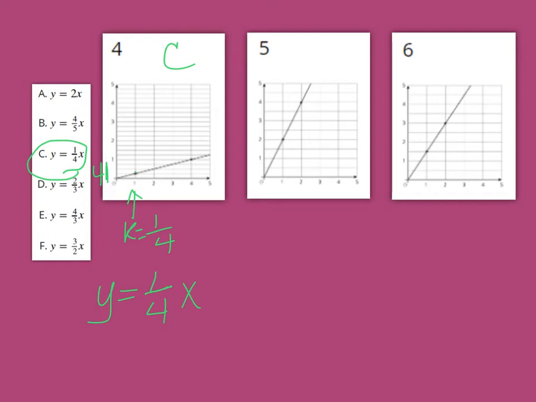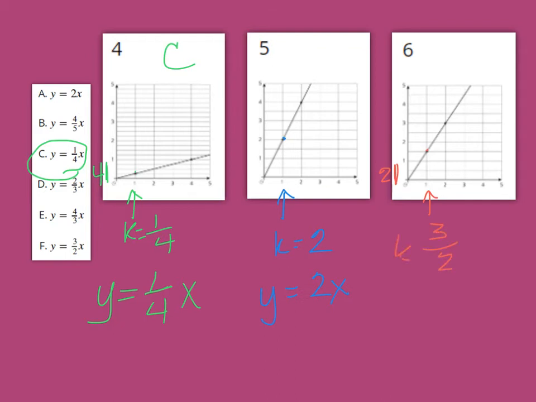Number 5, we've got our fifth one. Let's take a look at this. Where's our 1? Well, if we count up, we can see it's exactly where the 2 is, so that's an easy one. K equals 2, so y equals 2x. And our final graph, which hopefully just works out, but we should always double check. I go to the 1, I look up to where this point is, and I can see that my 1 has only got 2 spaces in between, and this one is right in the middle, so that's 1 1/2, or 3/2.